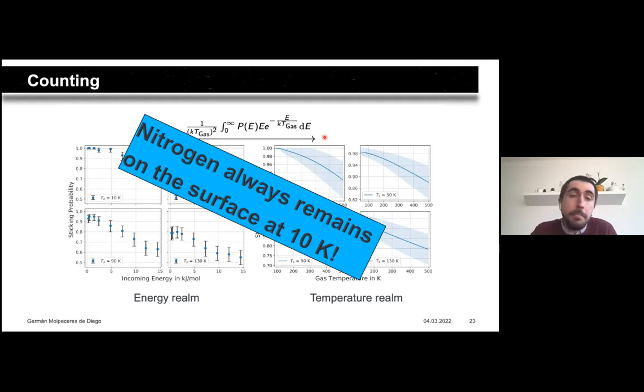And like nitrogen, many other particles, such as the oxygen atom or the water molecule, will always remain stuck on the surface at 10 Kelvin. This is an assumption that was taken by astronomers for a long time, but this is, to the best of my knowledge, one of the first confirmations that theoretically this is a valid assumption.